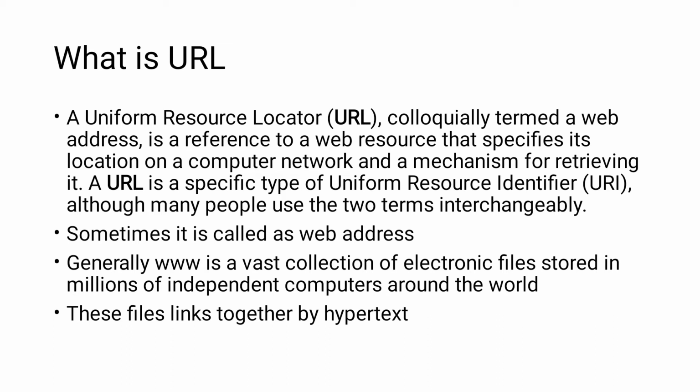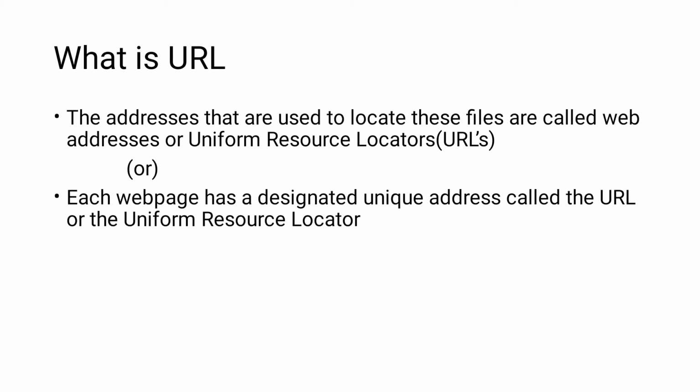So you may define a URL with the help of these definitions: the addresses that are used to locate these files are called web addresses or uniform resource locators. Each web page has a designated unique address. The World Wide Web is a vast collection of millions of web pages.